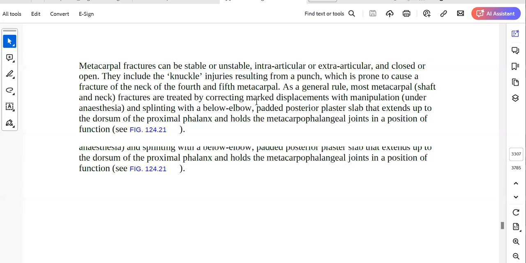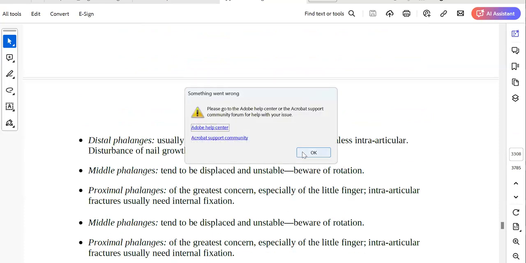Most metacarpal fractures are treated by correcting the displacement with manipulation and splinting with a below elbow padded posterior plaster slab. So you can have a look at the picture if it shows.